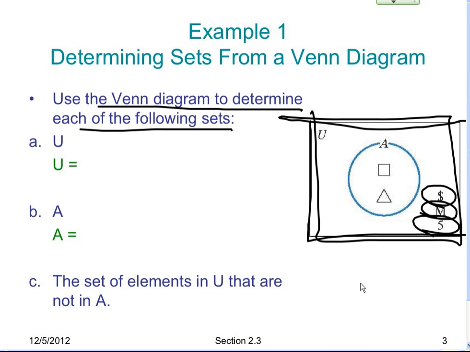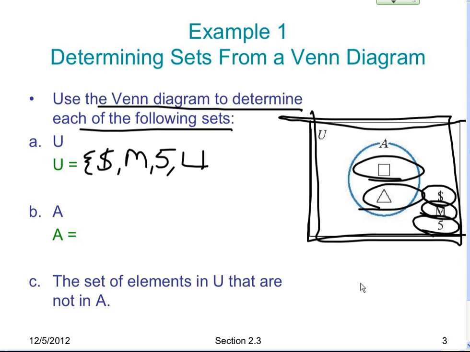But make sure when you do the universal set, you also include what's inside set A. So we also have the square and the triangle. As far as set A, the only thing that's inside set A would be the square and the triangle.